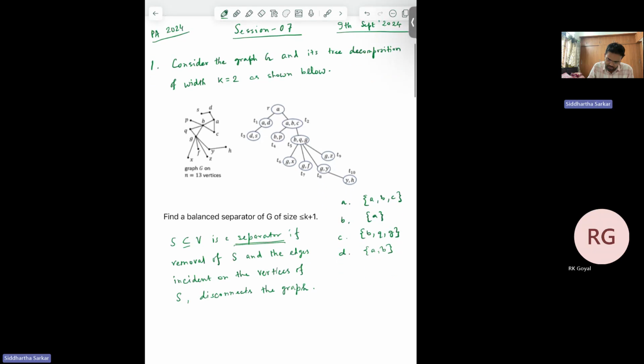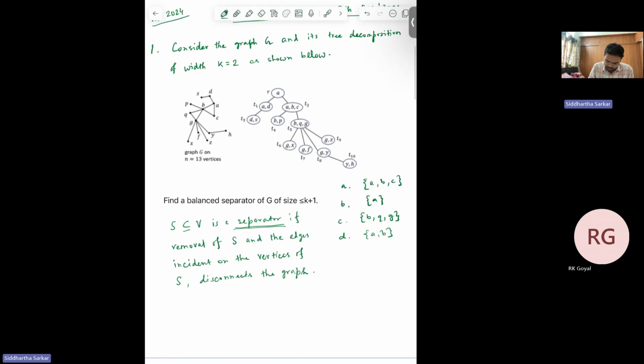Now, what is a balanced separator? Let's see diagrammatically. Let's say this is the graph. You deleted some portion of the graph, which is S, and let us say you got two components, one component on the left side, one component on the right side.